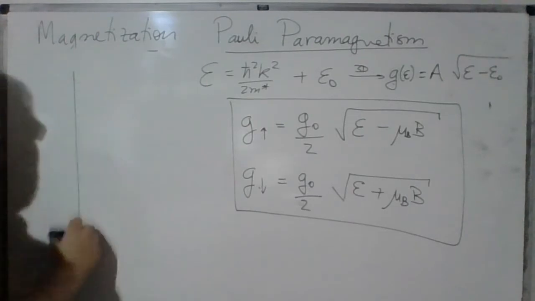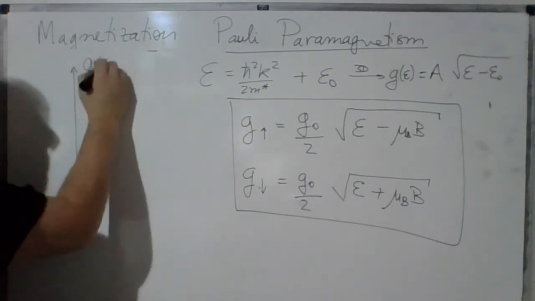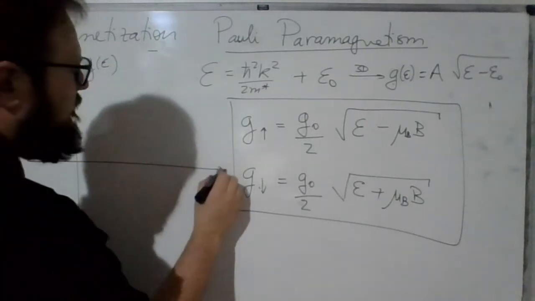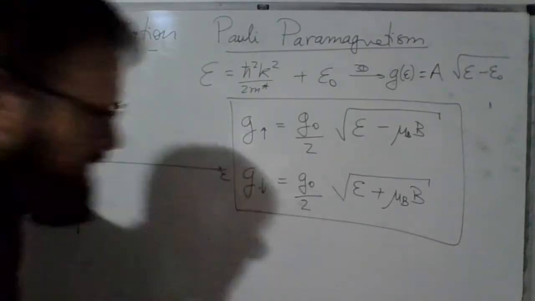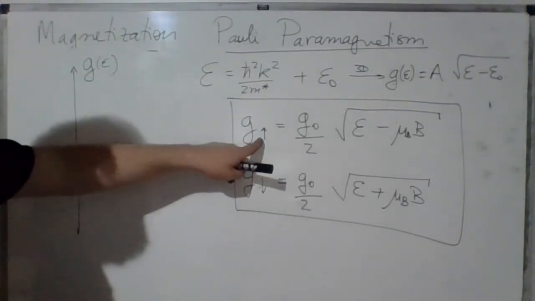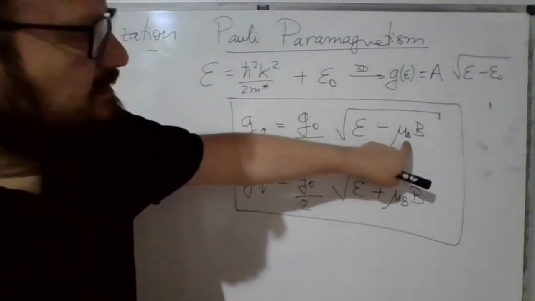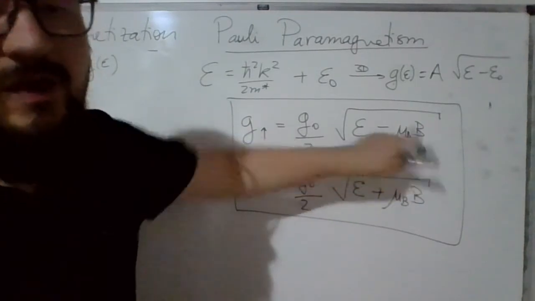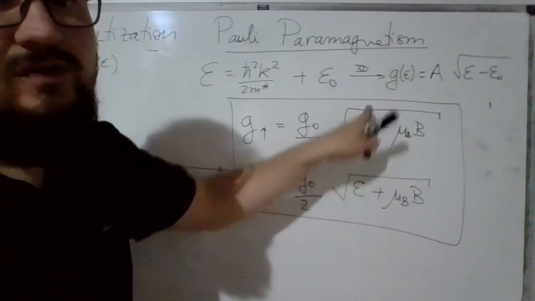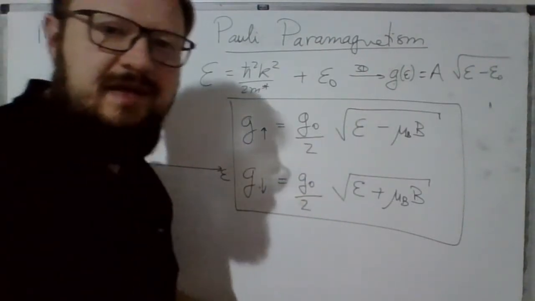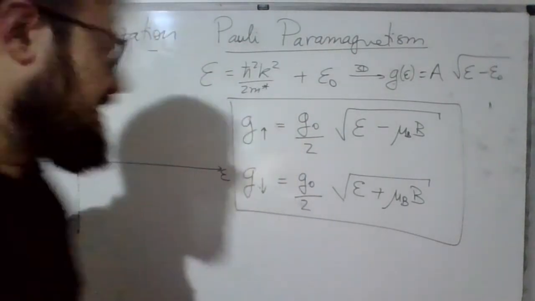So if you want to plot the G's as a function of energy, what would you have? The density of states for up spins needs to start at this value here, because otherwise for energies lower than that value, you'll have a square root of a negative number, which produces a density of states that is a purely imaginary number. It doesn't make sense.